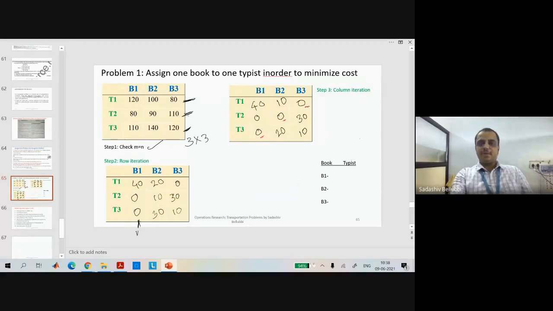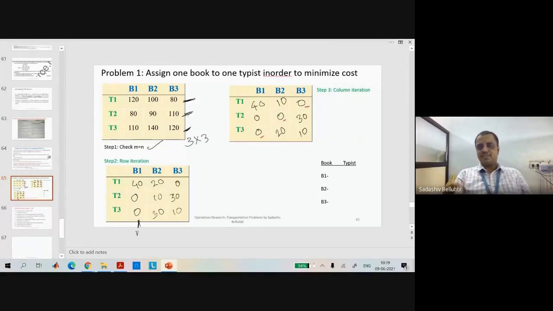Now here we can assign zeros, and one hint is that the column or row having fewer zeros, you need to assign first. In order to avoid more iterations, the best hint is, while assigning a 0, you need to assign to the row or the column which is having only 1 0.